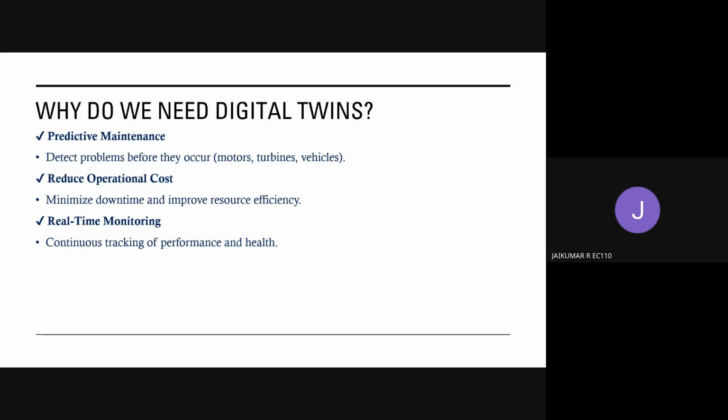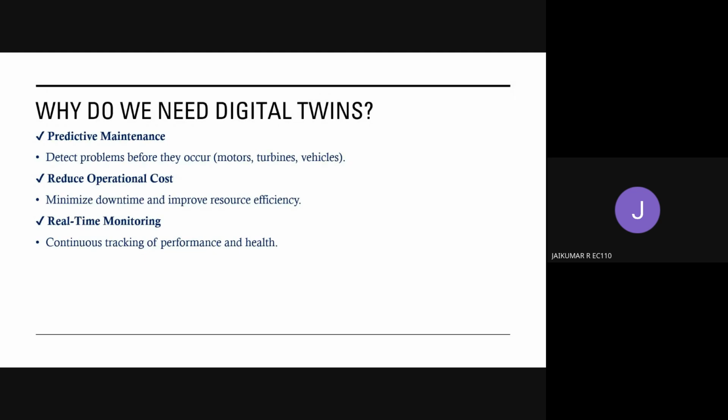Okay, so here we have some subtopics. The first one is predictive maintenance. As I told, detect problems before they occur. For example, if you have a big machine like a motor, a turbine, or a big vehicle, we do not know when the failure will occur in that particular machine.